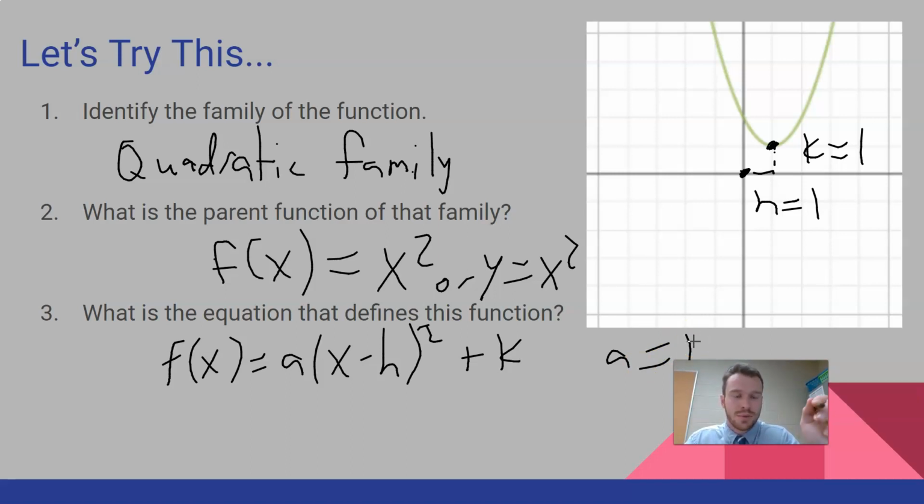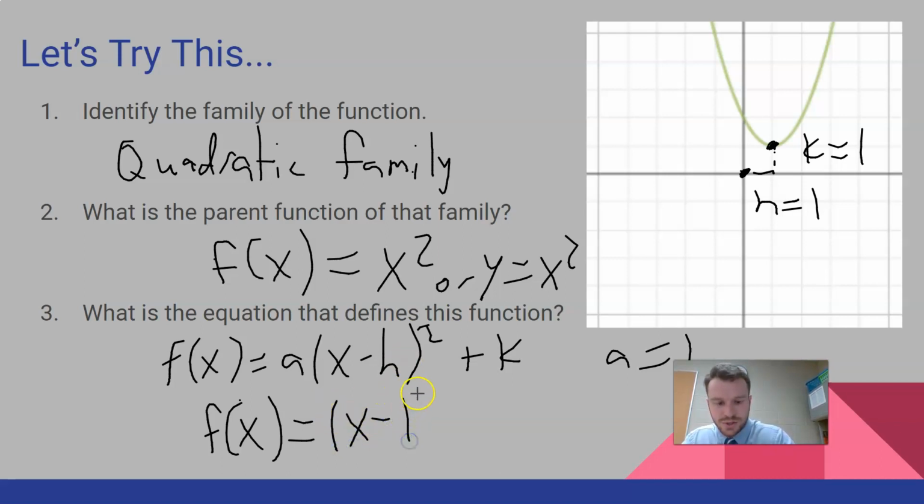Like 1 times 2 is just 2. It has not been stretched or compressed, so a is just 1. So I'm going to substitute 1 for a. And if I substitute 1 for a, I actually don't have to write a. So then f of x equals x minus 1 squared, because h is 1, plus 1.